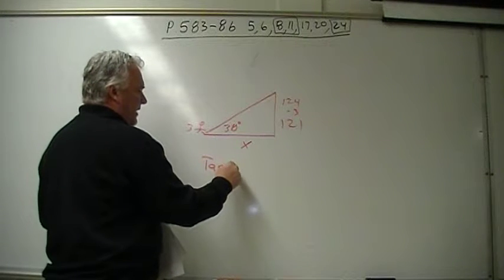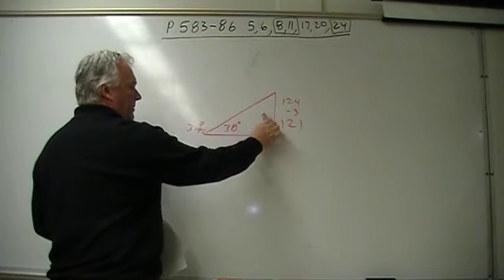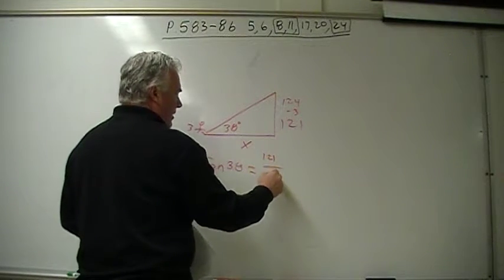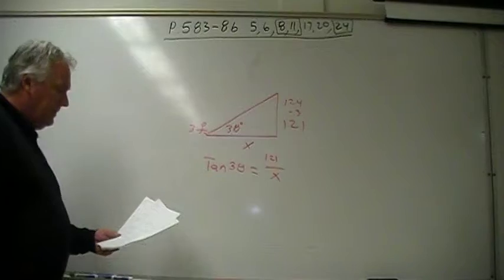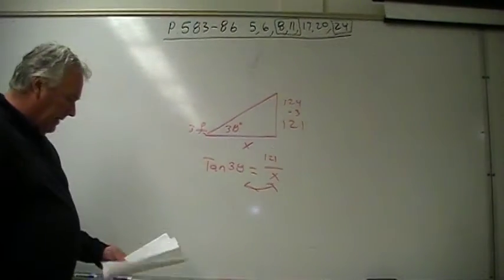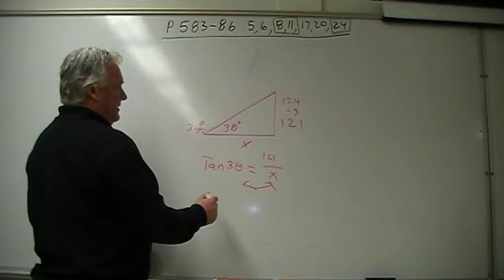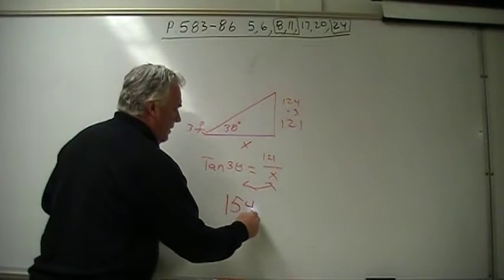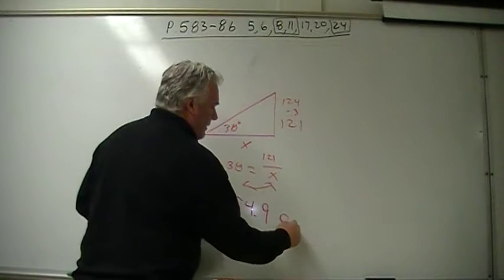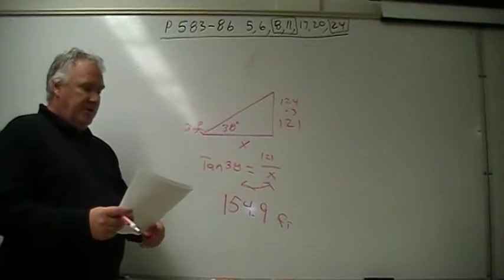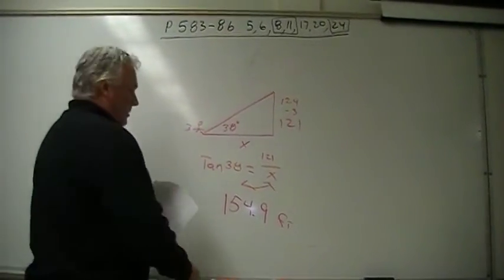So tan 38, tangent again, opposite over adjacent, is equal to 121 over x. When we swap these out and do that, you will get the distance of 154.9 feet. Okay, again, this one is using the tangent ratio.